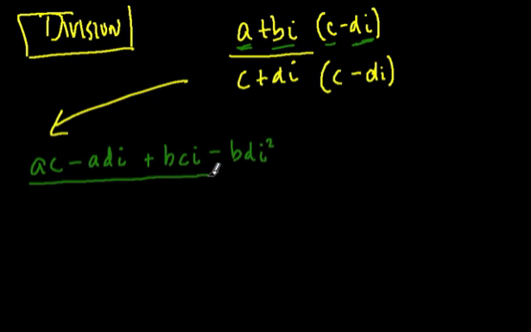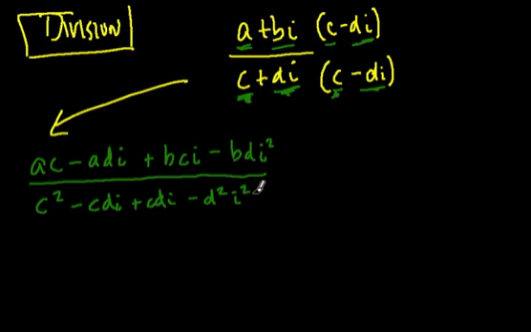In the denominator, it's going to look a little bit prettier. C times C is C squared. And then C times minus DI is minus CDI. And then DI times C, we're multiplying the other term, is positive CDI. And that's nice because we have two opposites here. And then DI times minus DI is minus D squared I squared.